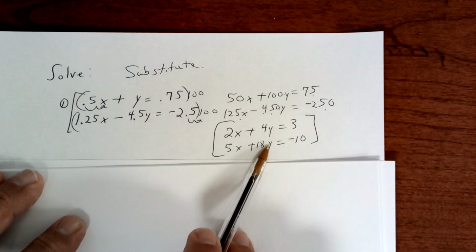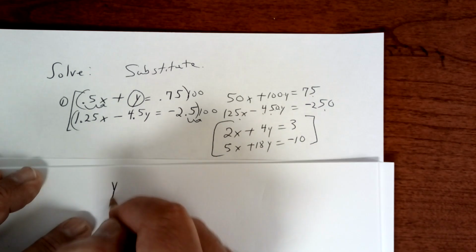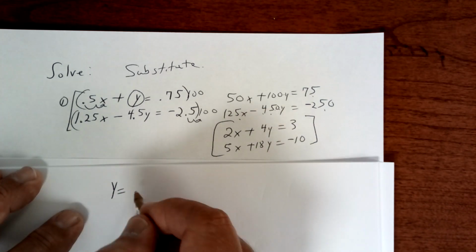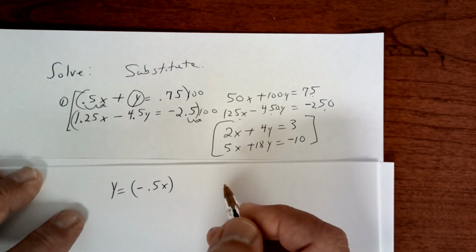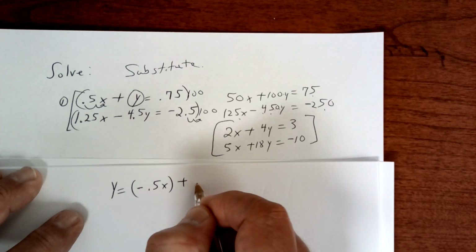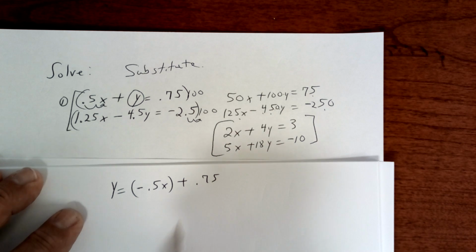Let me go back to this, and let's just get y by itself. So I'm going to get negative 0.5x, and then plus 0.75, like that. Now I'm going to take all of this and substitute for the y.